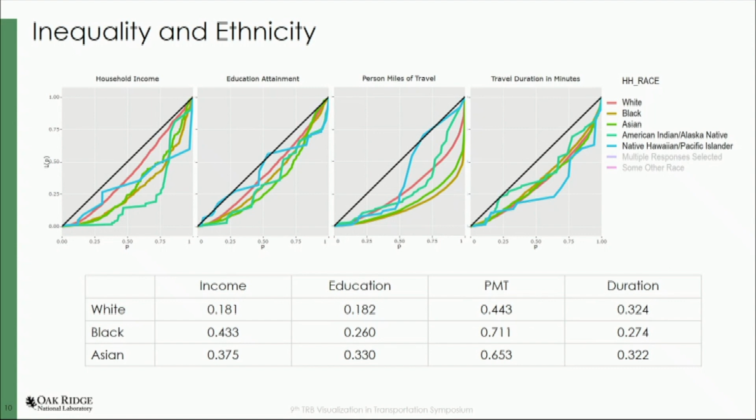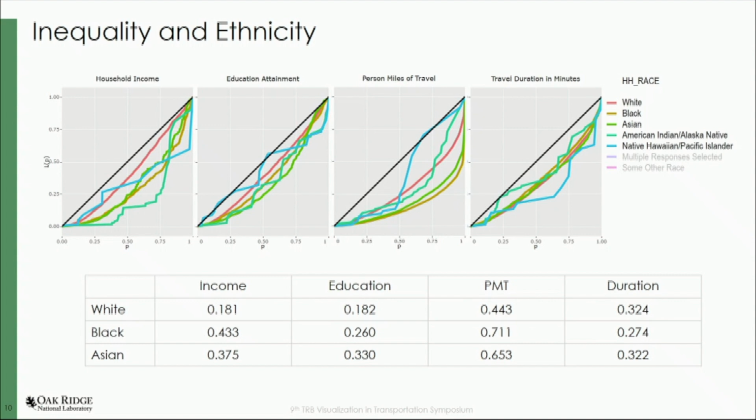It's just showing a relative equality situation. It's not saying that white people are better than black people in this regard, or vice versa. And for educational level, we're also seeing a similar trend, that white people seem to have more equality in education versus black and Asian people.